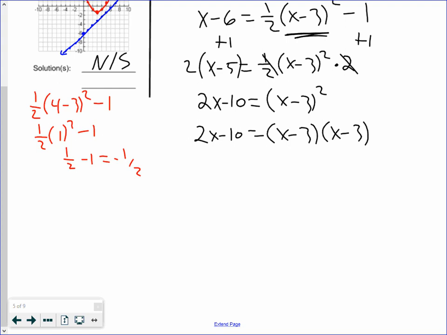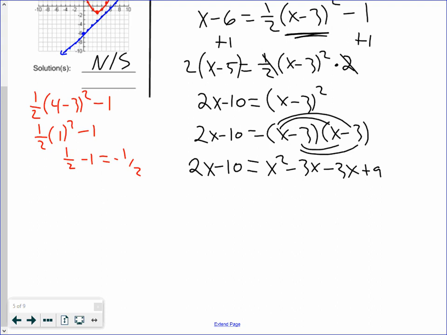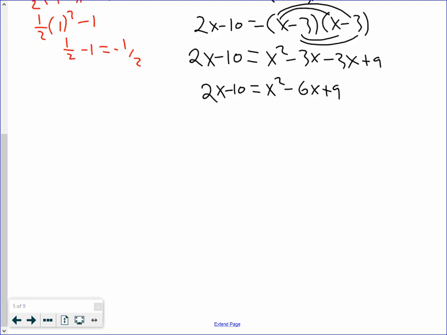So I'm going to FOIL out (x minus 3) squared. I'll distribute out this x to get x squared minus 3x, and distribute out that negative 3 to get another negative 3x plus 9. That all equals 2x minus 10. So what I'm going to do now is start adding my terms and putting one side equal to 0.